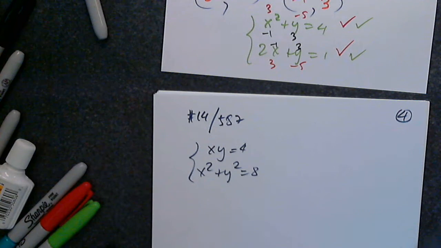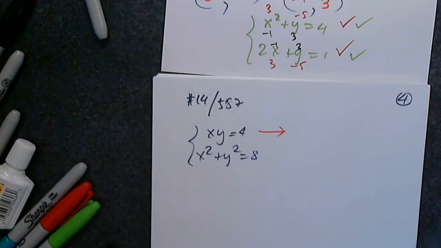From which equation? Yes, I cannot do anything to the second one, of course. So you want to solve for either x or y. It doesn't matter. We have no choice now.